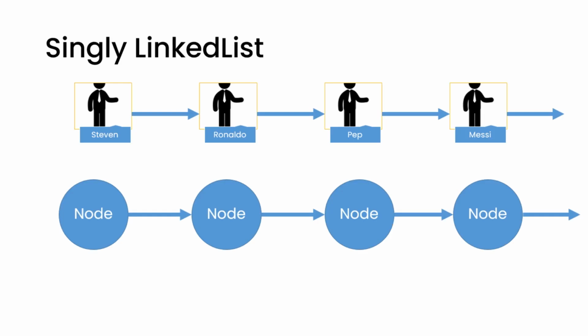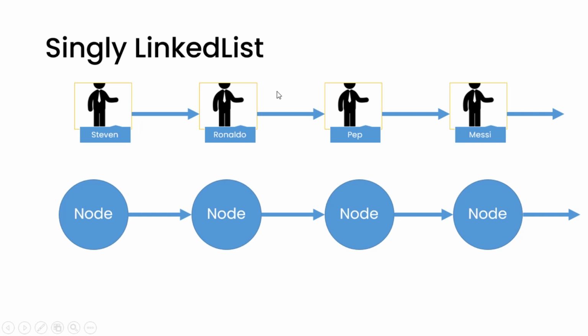So we can have some visualization of how a single list looks like. In this visualization, we have this person, Steven, pointing at Ronaldo, and Ronaldo is pointing at Pep, and Pep is pointing at Messi, and Messi is pointing at nothing, it's pointing at empty.